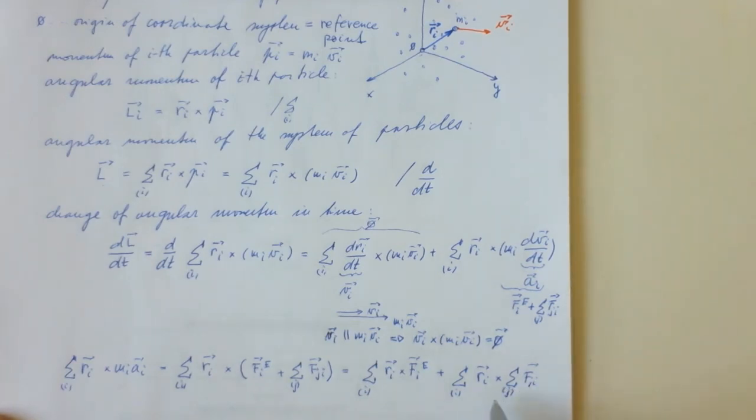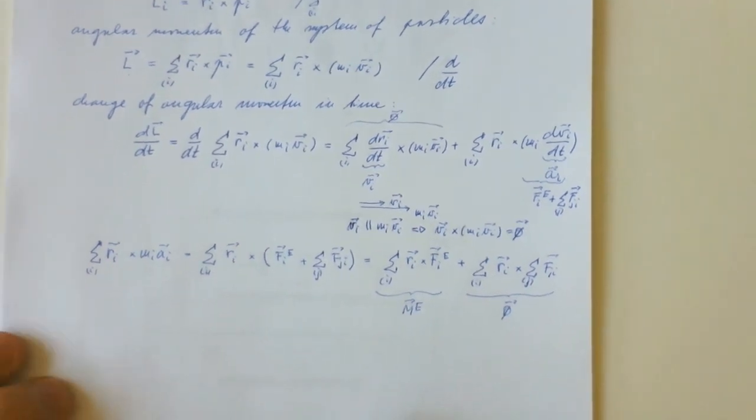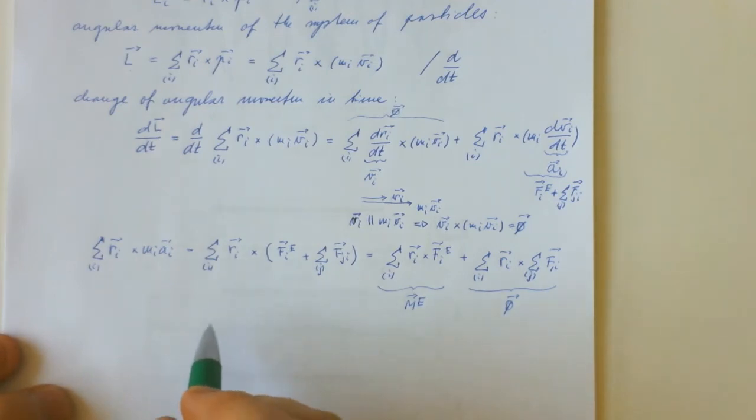Okay, previously we said that if the sum of reactions between our particle and other particles is equal to 0, then the moment of these reactions is 0 too, and this is the external moment of external forces.